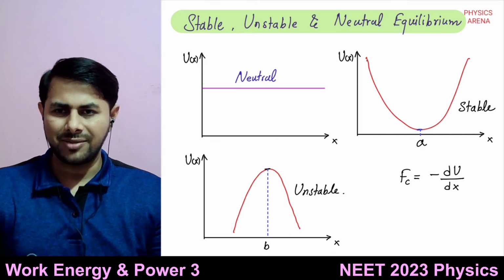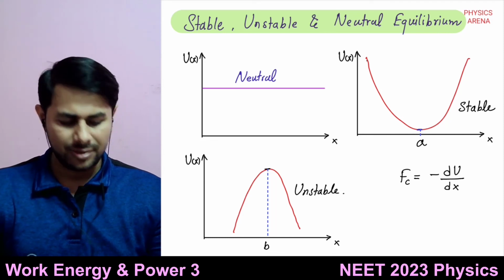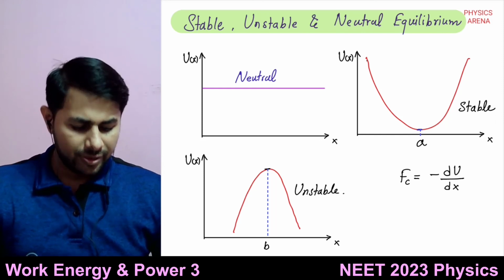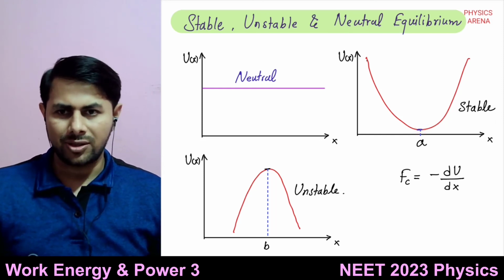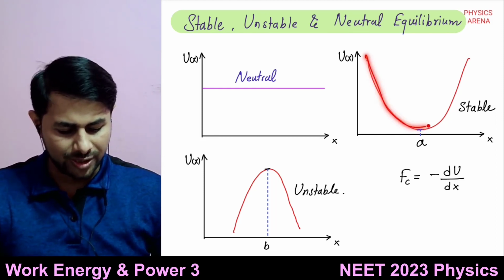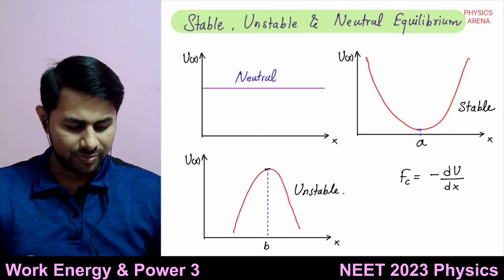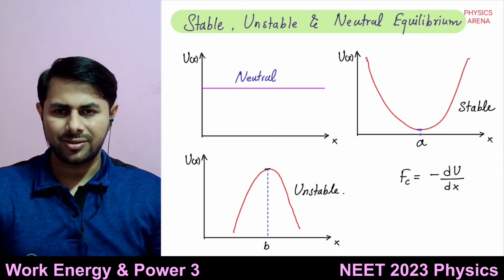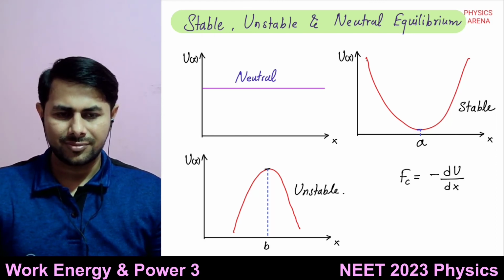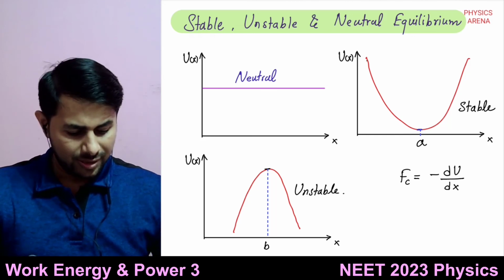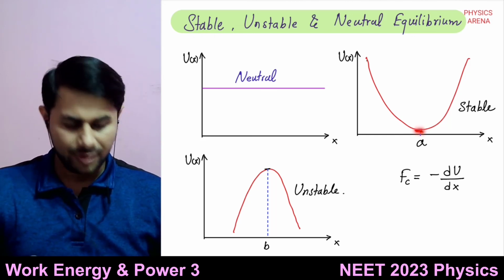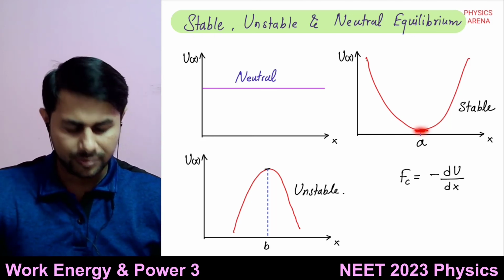You forgot maxima, minima? Tell me, is this the minimum point or the maximum point of this potential function? Minimum, right? So this is minima, and the slope here is 0.